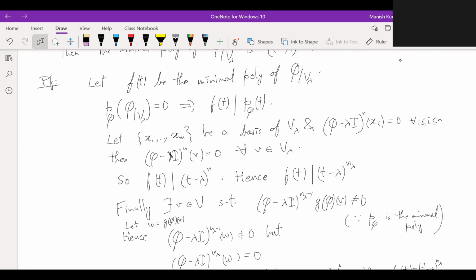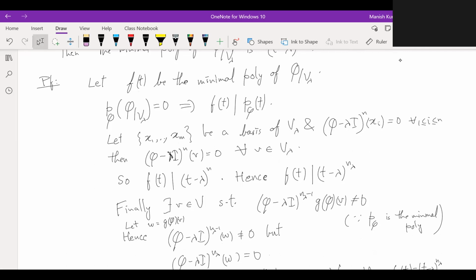Is the statement clear? We are just using the fact that p phi is the minimal polynomial. So if I take a polynomial of smaller degree and plug in phi, then it can't be the zero linear operator. So phi is not satisfied by a polynomial of smaller degree.